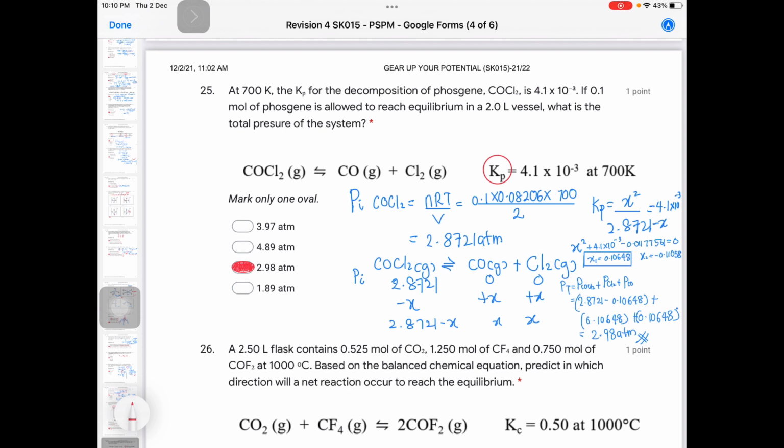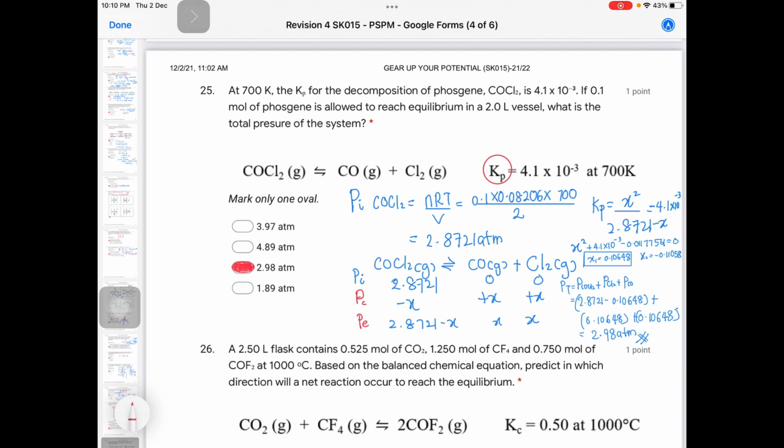So P is equal to nRT over V. So pressure initial for COCl2 is 0.1 mole times R times 700 over 2. 2 is 2 liter. Dan kita akan dapat 2.8721 atm. So kita buat ICE table. P initial, P change, P equilibrium.